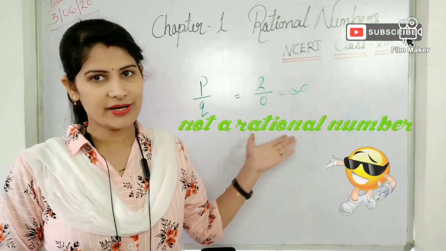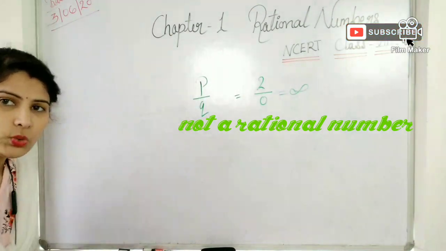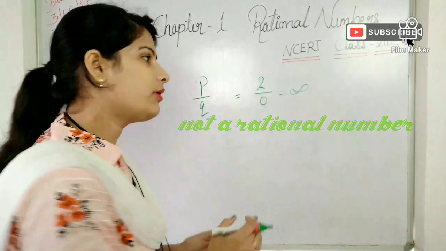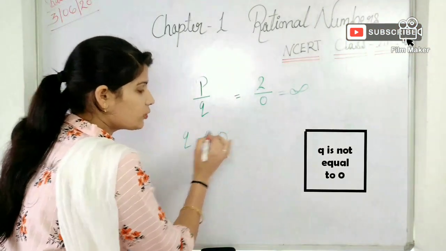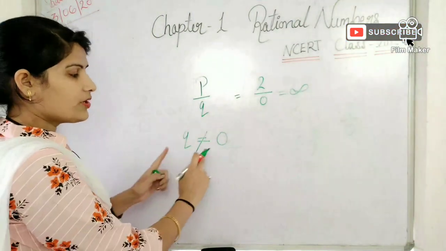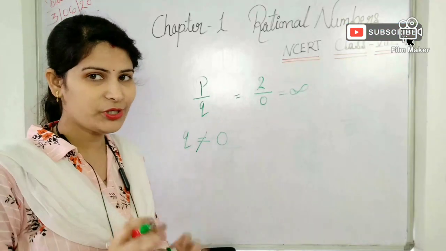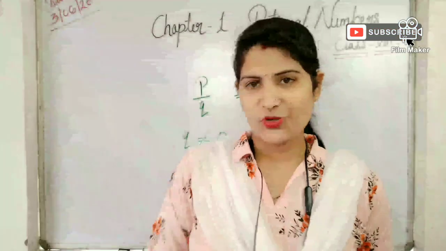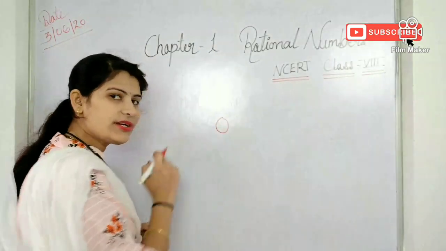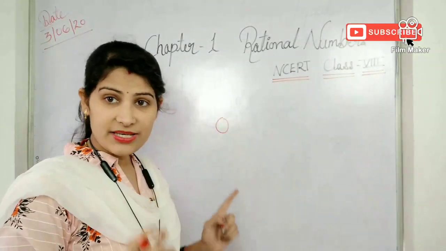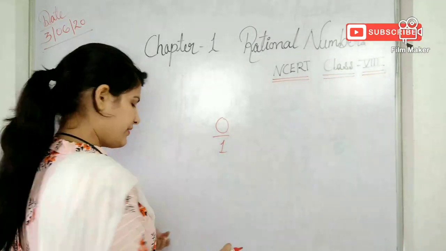So here the condition is that p by q form is a rational number, but q is not equal to 0. That means the denominator is not equal to 0. Now, is 0 a rational number? Yes, 0 is also a rational number.